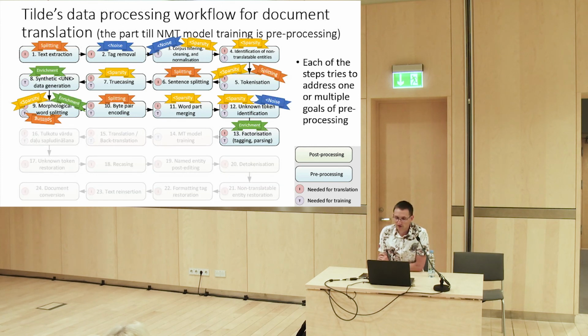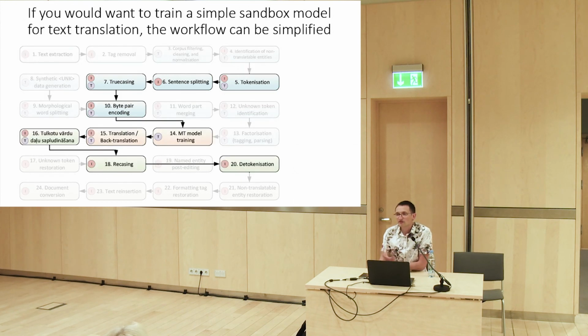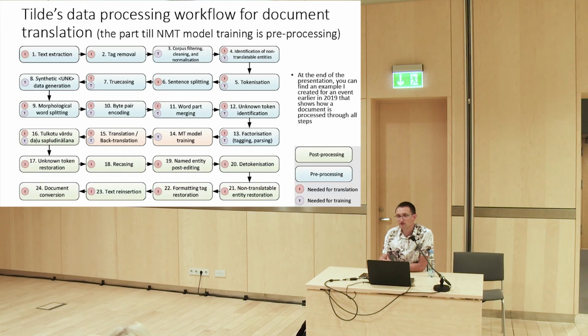And the first part is pre-processing, and each task has its job in order to either split the data, reduce noise, reduce sparsity, or enrich the data in some specific way. But if you want to start working in this area, the whole workflow is not necessary.